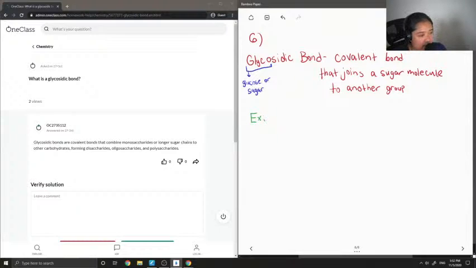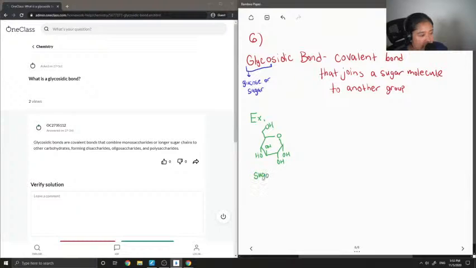For example, let's say you had the following sugar molecule. All sugars look similar to this, and they just have alcohol groups sticking out. Depending on the direction of the alcohol groups, like this one is going up, that's what sets them apart. So let's say we had a sugar molecule.